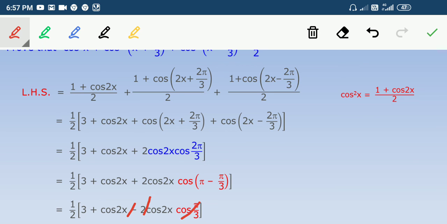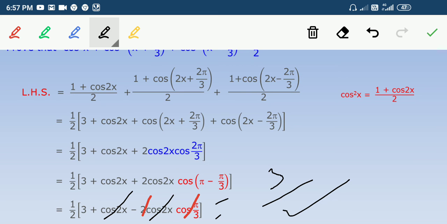Because this is in the second quadrant, so 1 minus will become here. That's why here is minus. Okay, no problem. Only 2 is there, and cos pi by 3 will be cancelled. And now cos 2x and cos 2x can also be cancelled, so I use black color to cancel it. So finally we are left with 3 by 2. That is our answer, RHS.